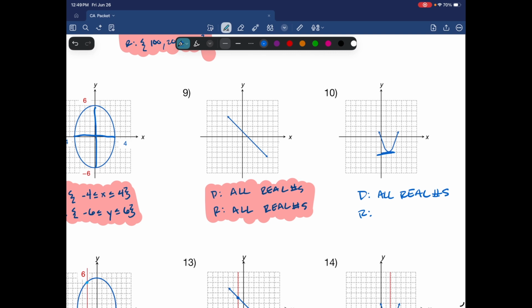All right, so I got y is greater than or equal to -3. All right, so my domain is from left to right when looking at a graph. My range is from bottom up, from low to high.